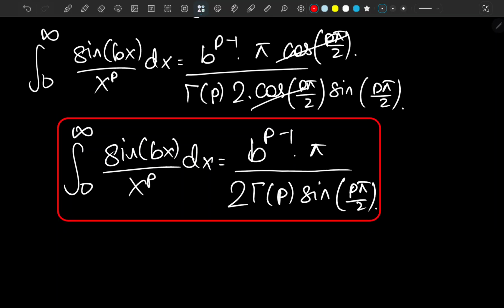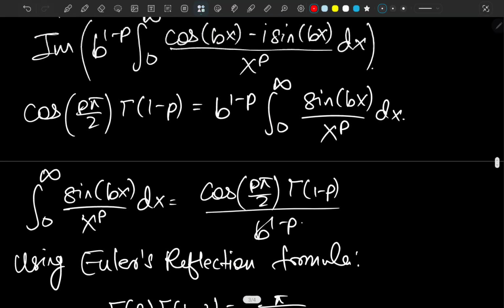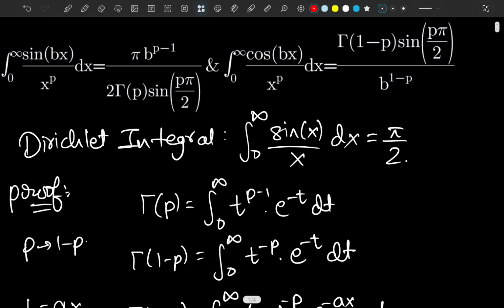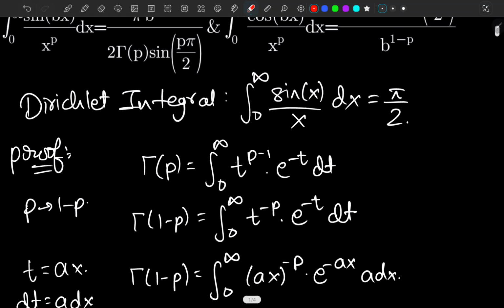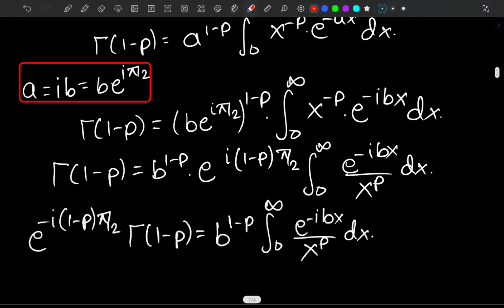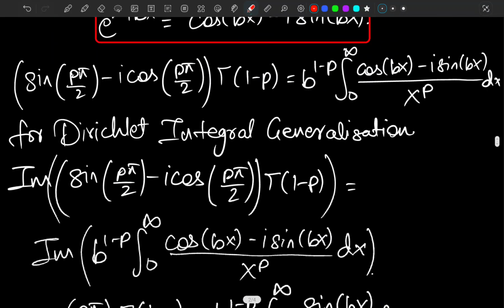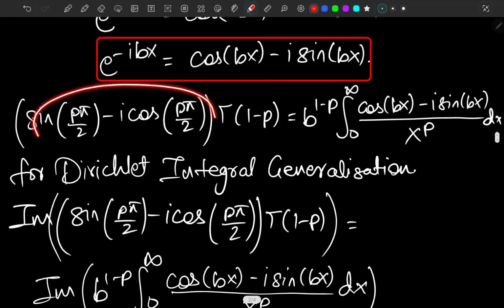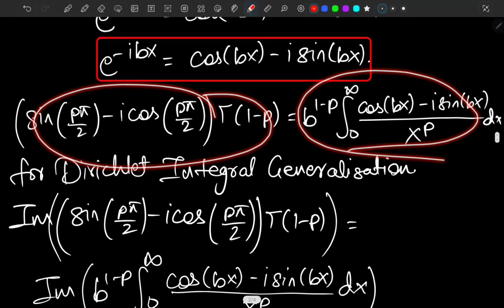Okay, we are also having another thing to prove actually. Don't forget about that. I'm so sorry about that. So it's another integral, and you know what, we have reached up to this equation, and we took the imaginary part.